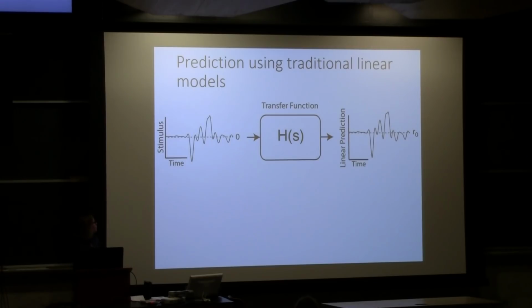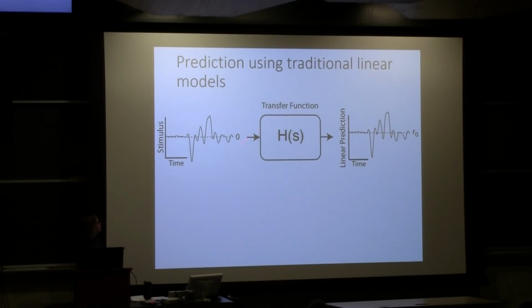Okay, so let's go back. So I told you we started with a linear systems approach, just transfer functions, gain and phase, signals and systems type stuff. So this is your stimulus recorded, say, with a MEMS sensor with somebody running around playing soccer, or a monkey chasing another monkey in the playroom. And what you can do is take that linear transfer function you made and see what a neuron should do, right?